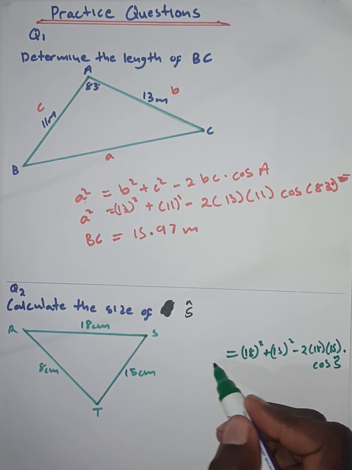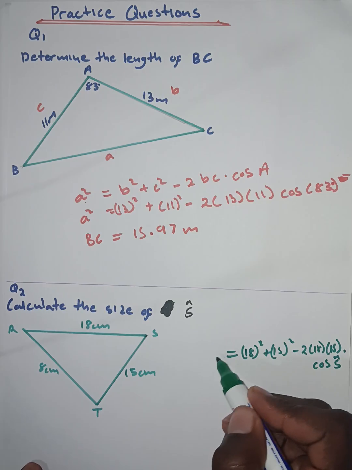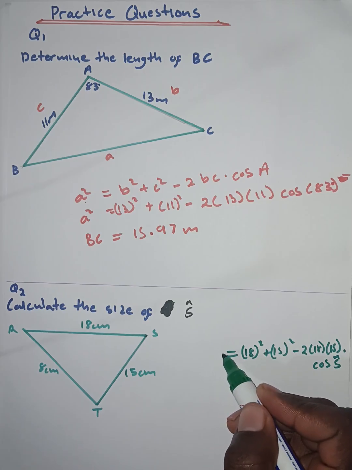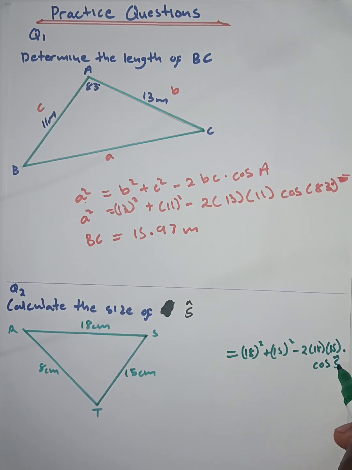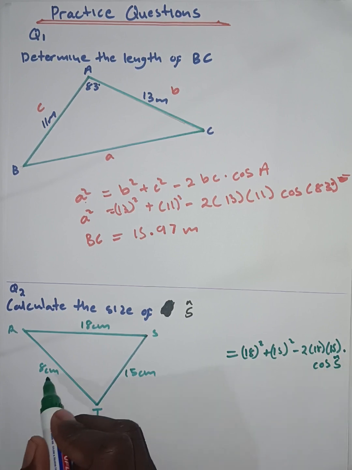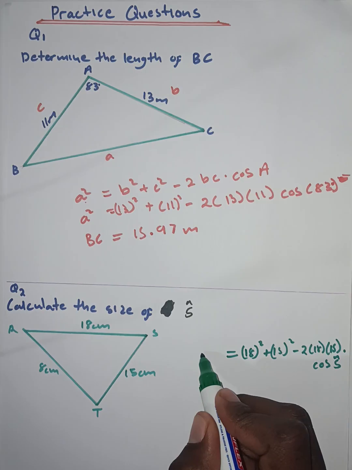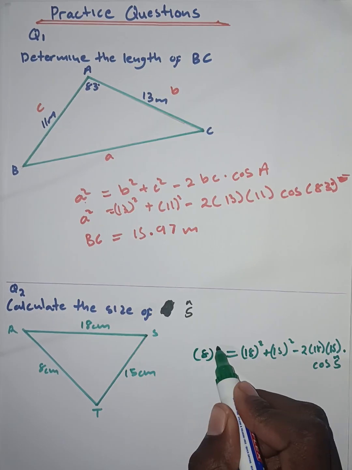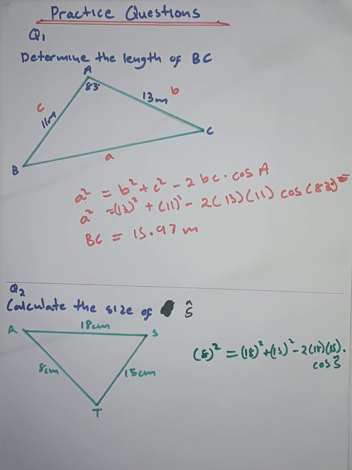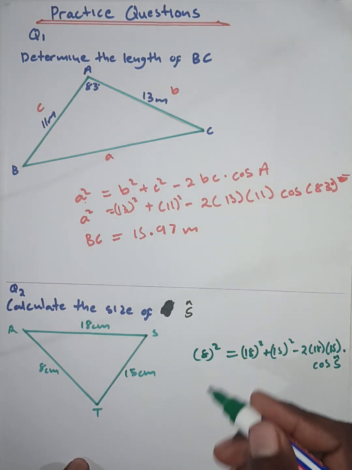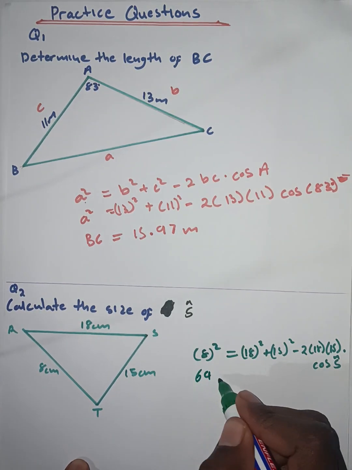And the side that we're going to have on the left hand side would be the side opposite to the angle we took the cos of. In this case the side opposite to angle s would be 8 centimeters, right? So this would be just 8 squared, which we know equals 64.